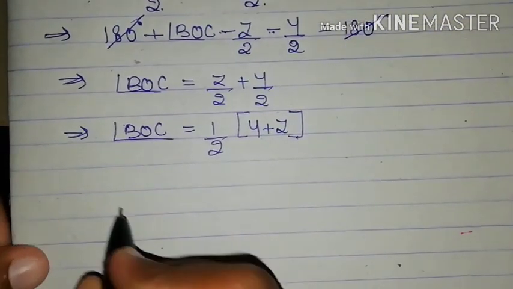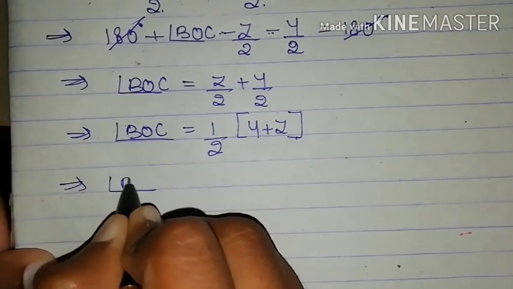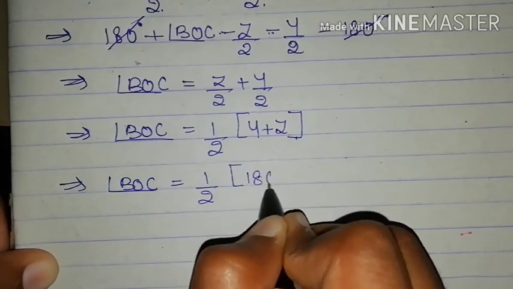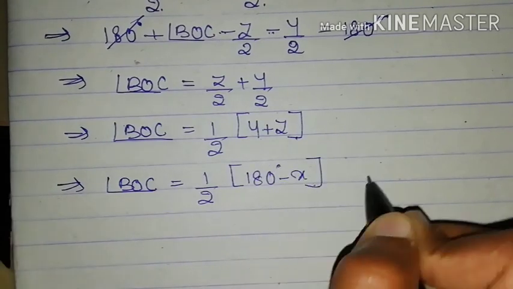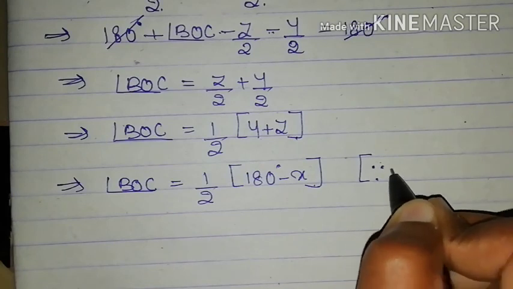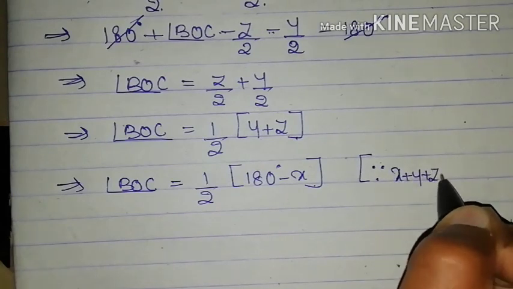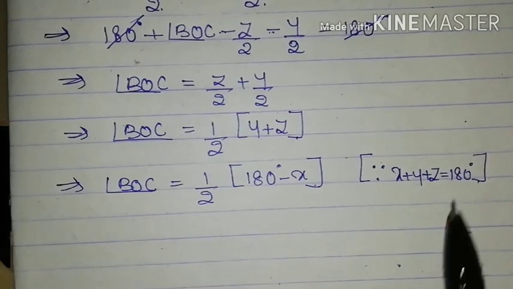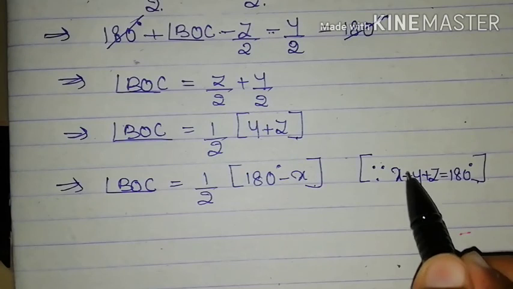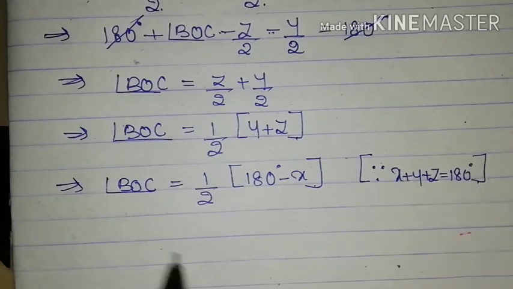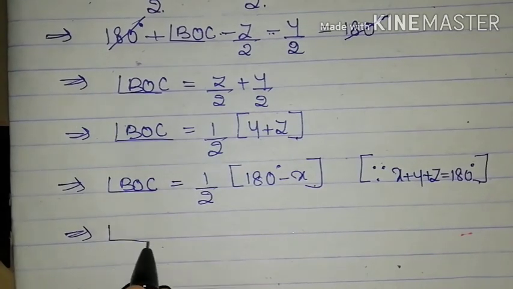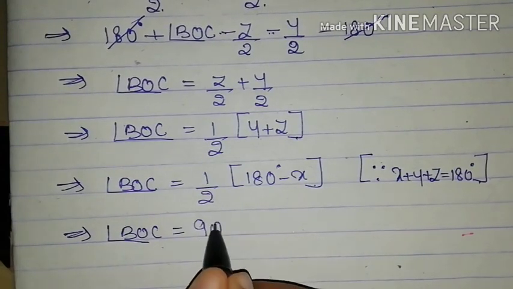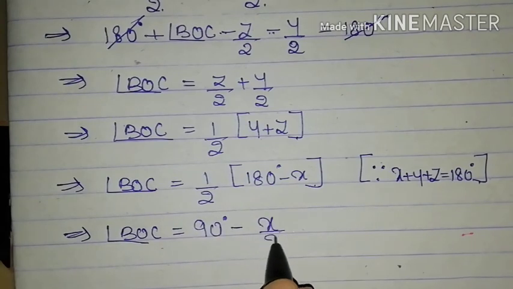So Y plus Z will be equal to 180 minus X. This implies angle BOC is equal to half of 180 degrees minus X, which is 90 degrees minus X by 2.